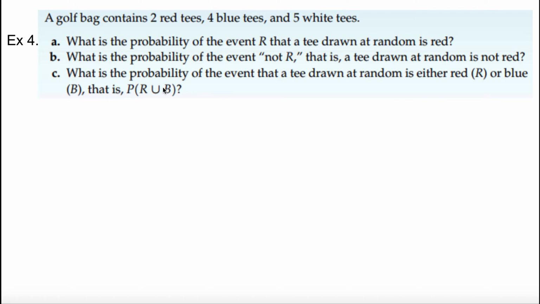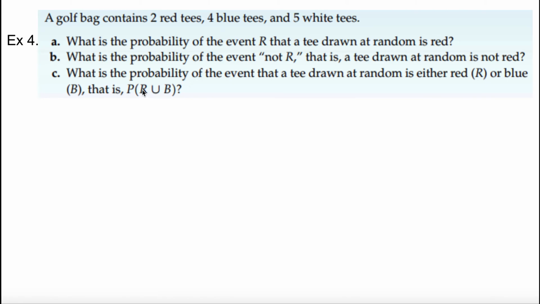Part C, what is the probability of the event that a tee drawn at random is either red or blue? That is, the probability of R union B. How can we find it? You need to consider whether they are mutually exclusive or not. Well, there's nothing overlapping. The tee is either red or blue. It cannot be red and blue at the same time. So they are mutually exclusive.